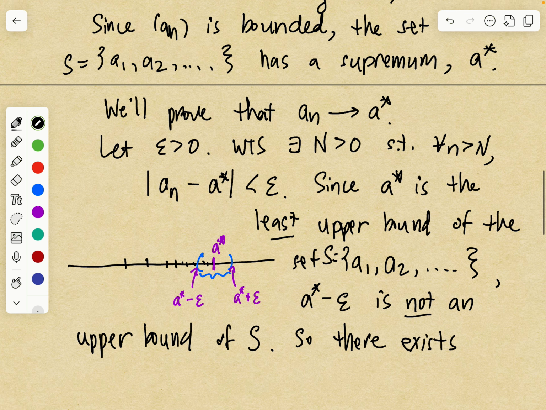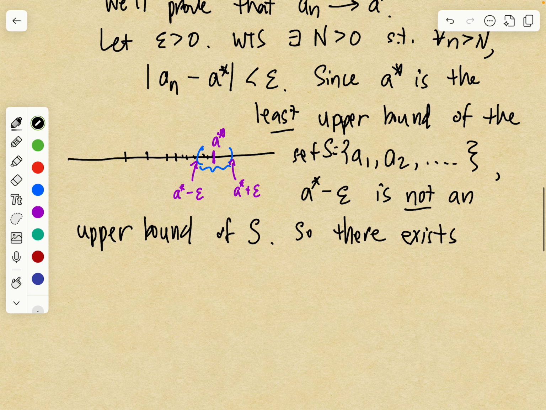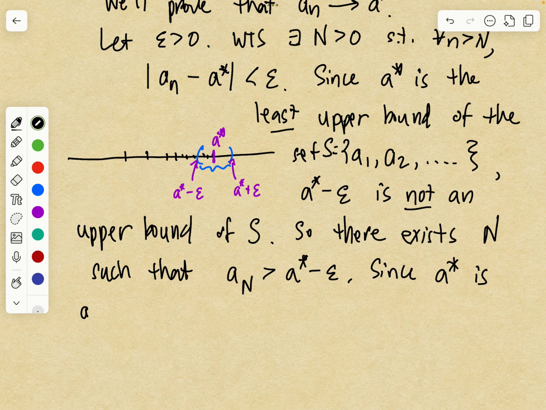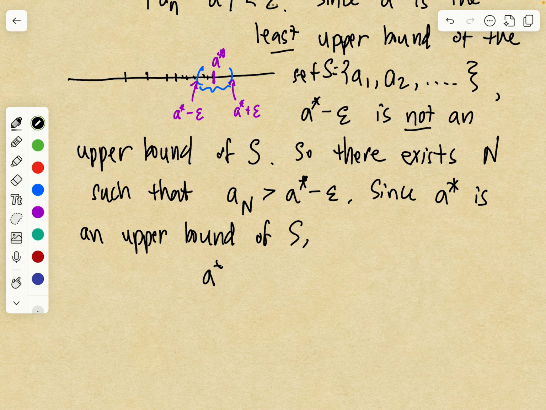And the elements of S are the terms of the sequence. So there exists some n such that a sub n is greater than A star minus epsilon. Now, since A star is an upper bound of S, we actually have that a_n is also less than A star, right?